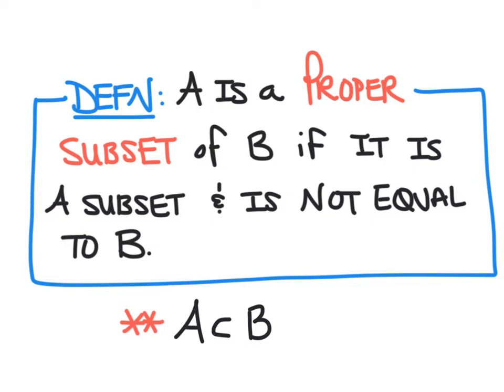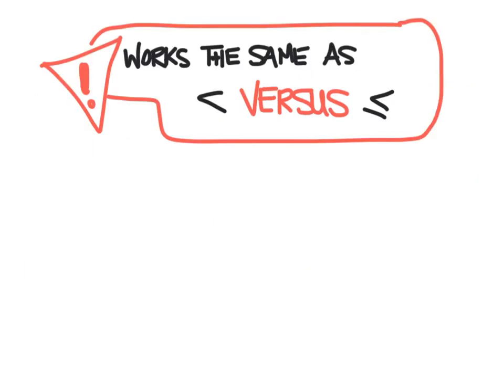So how do we know when to use subset notation or proper subset notation? The answer goes back to using the notation less than versus less than or equal to, or for that matter, greater than or equal to. So for example, if I told you to compare 3 and 5, you could say to me, well, yeah, 3 is less than or equal to 5.